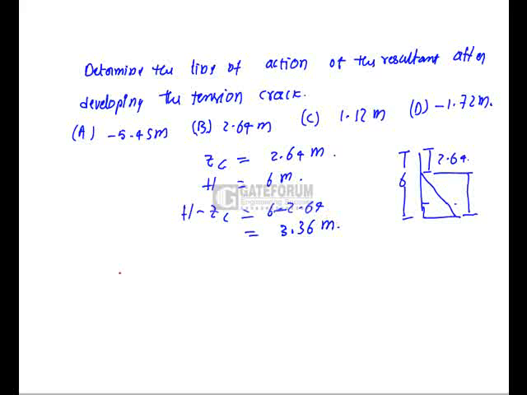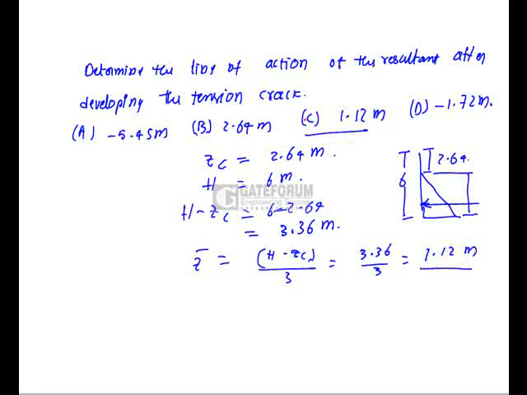So the resultant force for a triangle, Z bar, is equal to (H minus ZC) divided by 3, that is 3.36 divided by 3, which is 1.12 meters. Option C is correct.